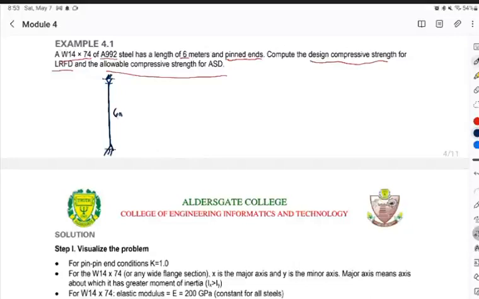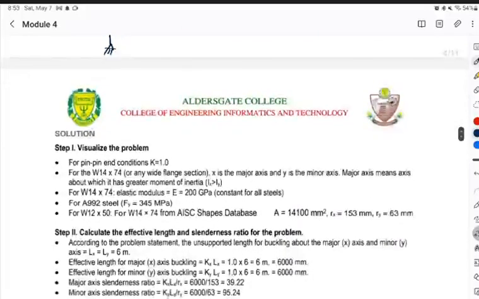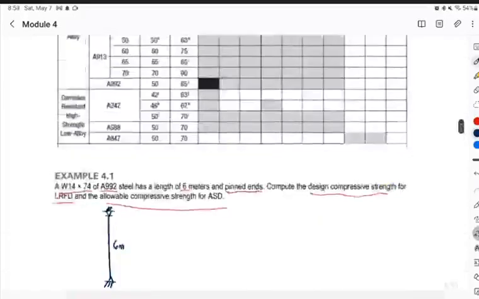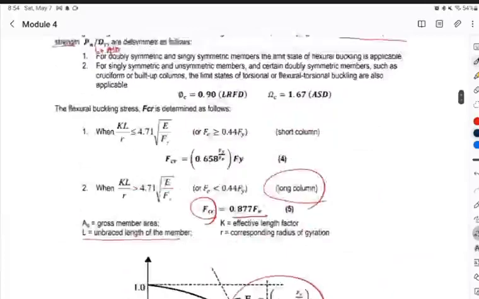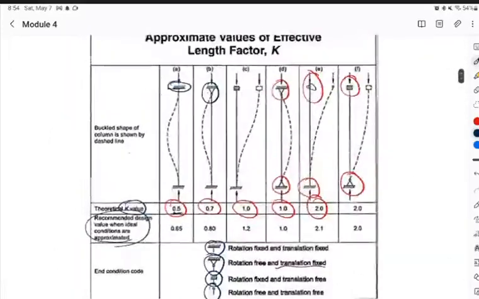The length is 6 meters. Okay. So, it is pin-pin end connection. If we go here, saan yung pin-pin dyan? Ito yung class. Nakapin dito and nakapin dito. So that the K factor is 1.0. Right?